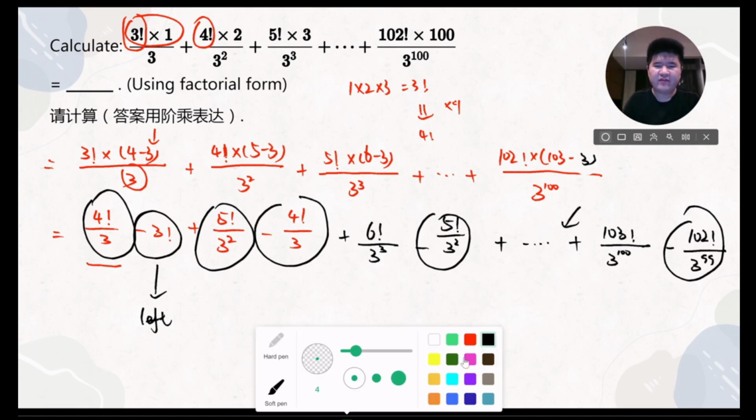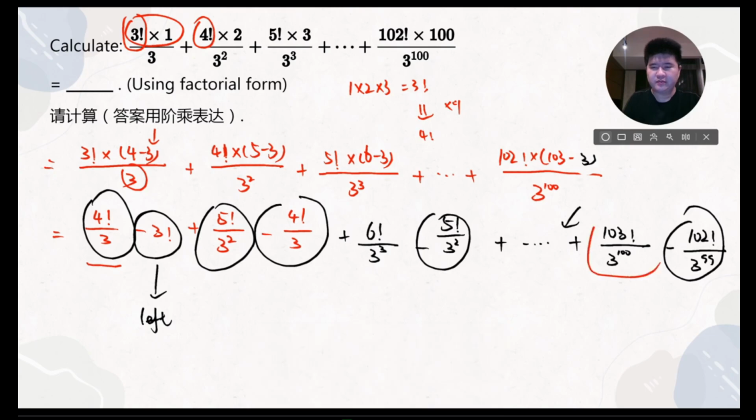And what is left here is this part. 我们在第一项里面剩了一个第二个，所以在最后一项我们剩的是第一个。If for the first term we got a second part left, so for the last term we got a first part left. So here the answer becomes the factorial of 103 over 3 to the power of 100 minus the factorial of 3.